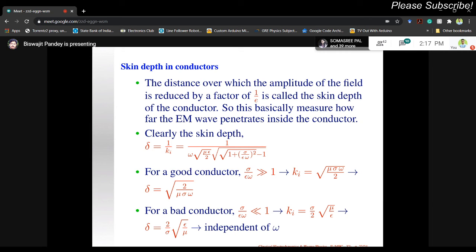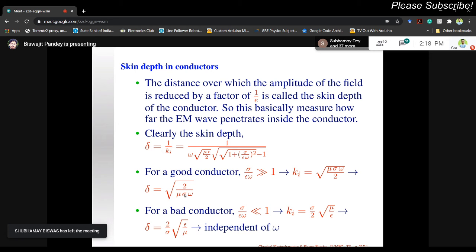Let us take the kind of frequency that we use in our day-to-day life in home appliances, that is around 60 hertz. Suppose 60 hertz is the frequency, and you put here omega corresponding to 60 hertz, and sigma of copper is 6 times higher than the sigma of iron. So should you not use copper, or should you use copper?